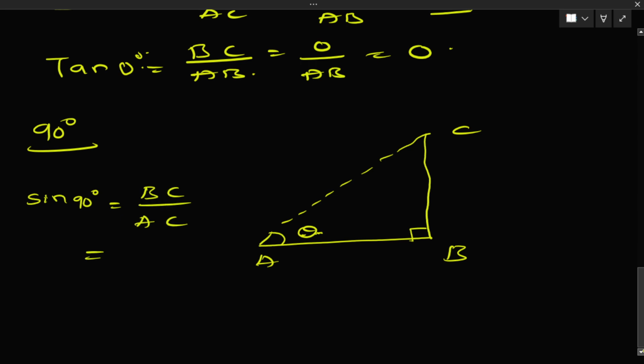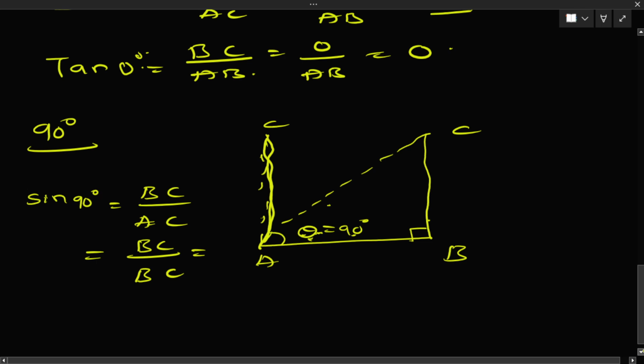If theta is equal to 90 degrees, then BC and AC must be in the same line. I am considering AC equal to BC because the two lines coincide. So BC by BC gives you 1.